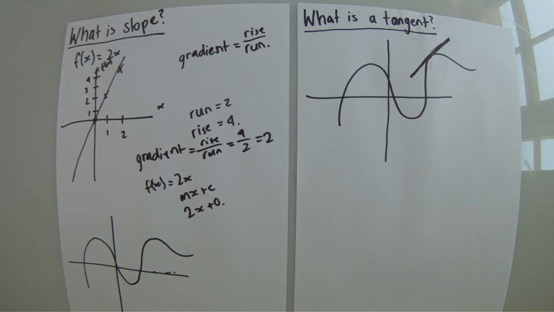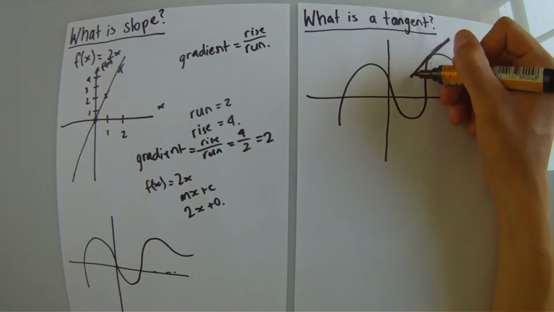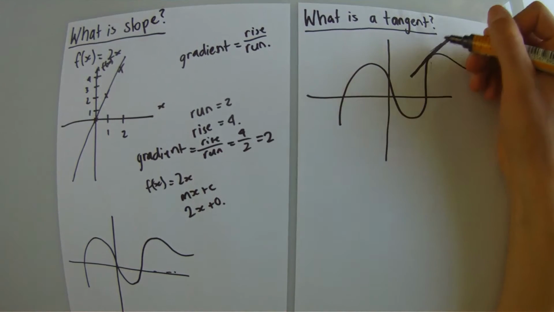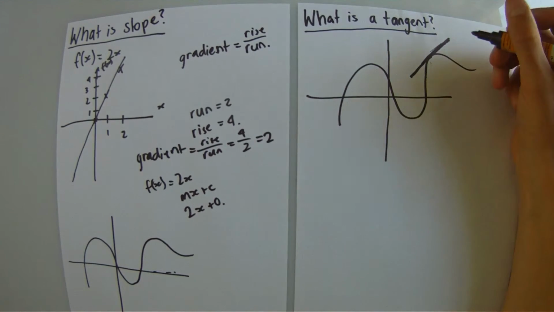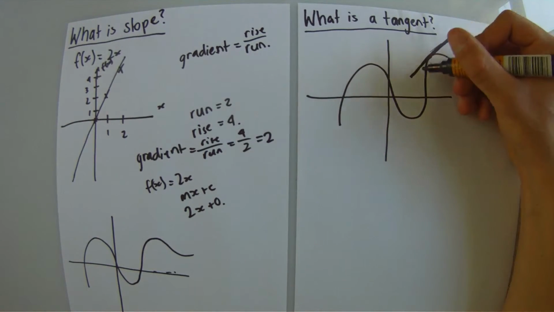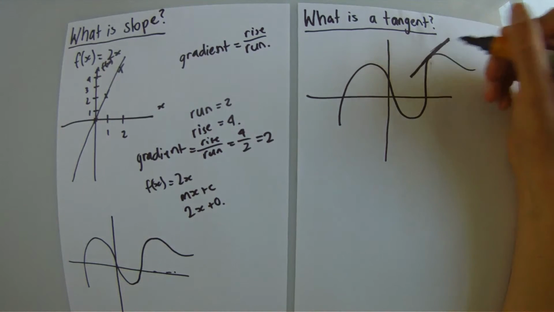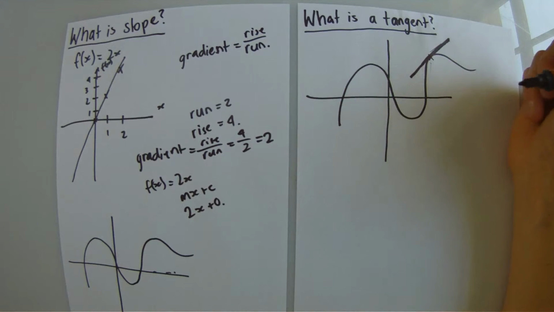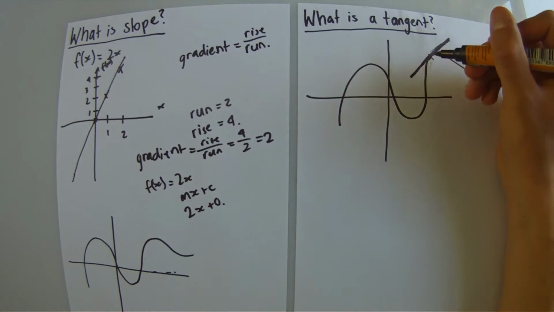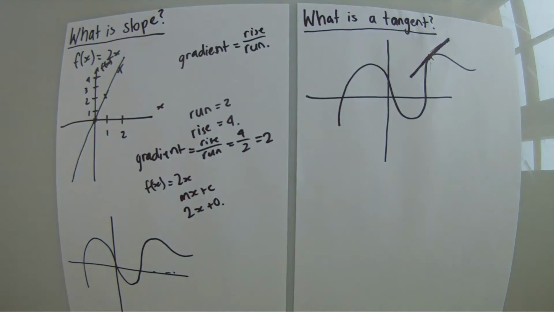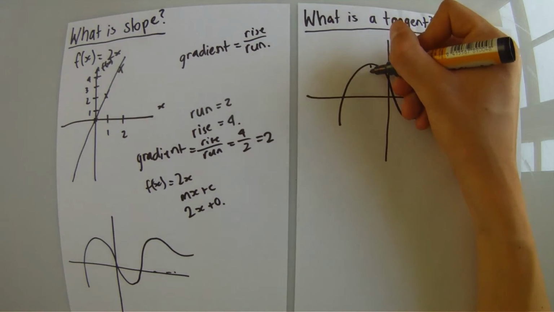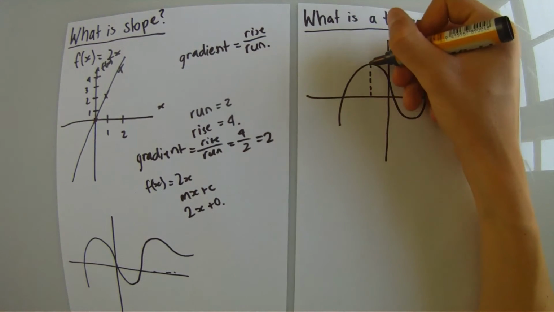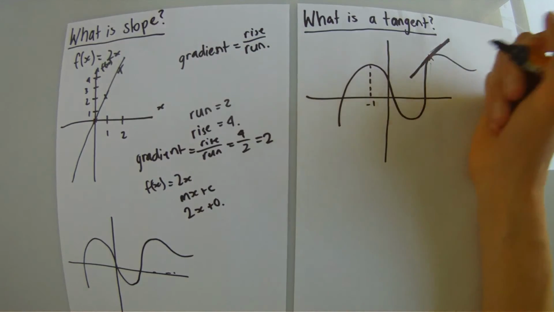And this makes sense because we can calculate the gradient of this tangent line with the formula rise over run, and because it's parallel to the curve at that point, the gradient is the same. So if we look at this point here, for example, we'll just call it -1.